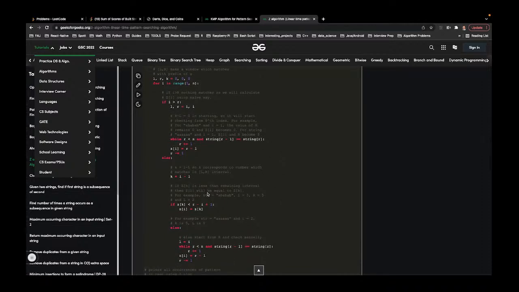If ZK is less than the remaining interval... what is ZK? As we're saying, I is inside L to R.